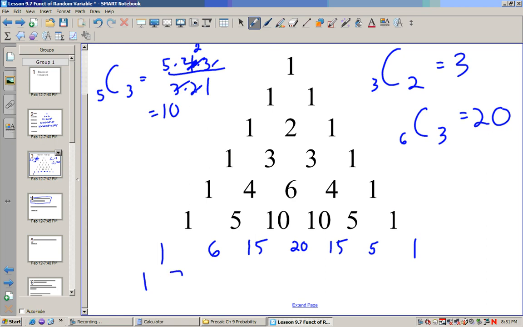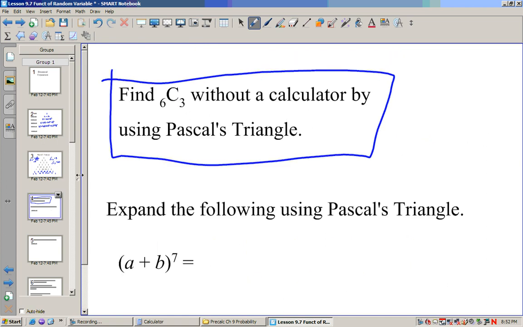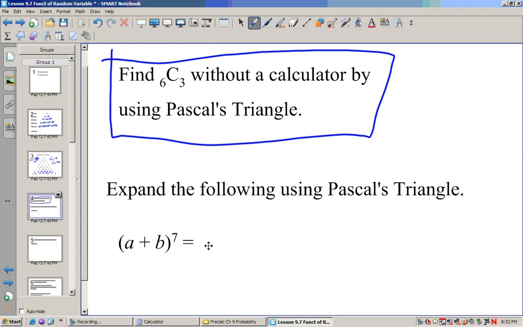So that'd be 1, 7, 21, 35, 35, 20. Ooh, this should be a 6, shouldn't it? 21, 7, 1. Alright, so now if I want to do (a + b) to the 7th power, it's going to be 1 a to the 7th and b to the 0, so that doesn't need anything.